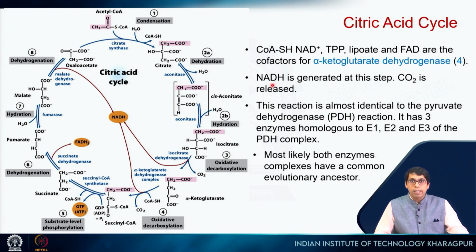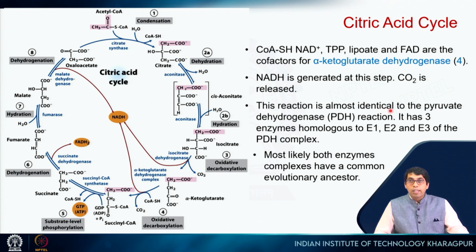In this case again NADH is released and carbon dioxide is also released. So, this is the third carbon dioxide that is formed. All the 3 carbons of pyruvic acid or pyruvate have been converted to carbon dioxide, right. So, its oxidation is complete and the electrons have been taken up by NADH, right.